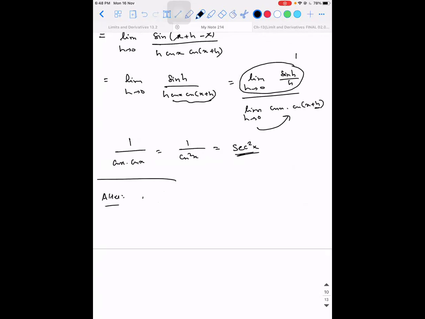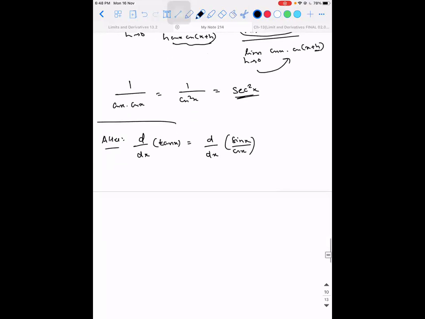That is d by dx of tan x is equal to d by dx of sin x divided by cos x. So derivative of numerator divided by denominator is what?